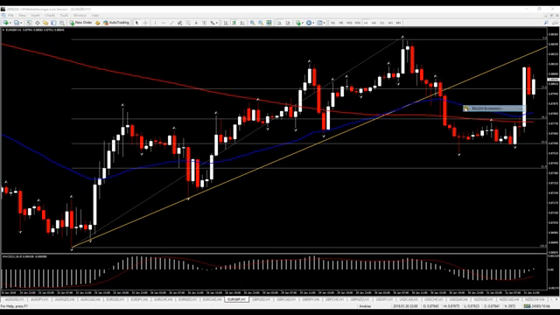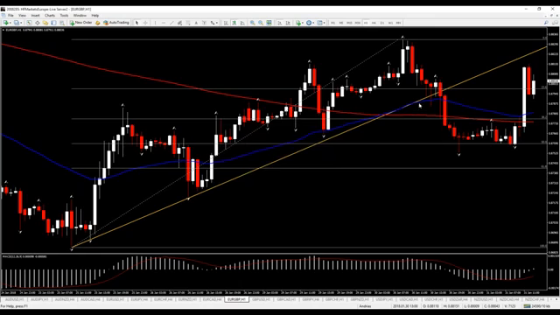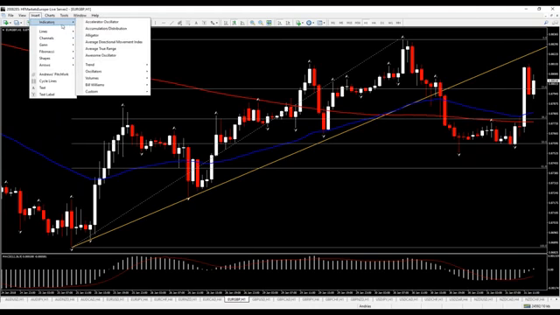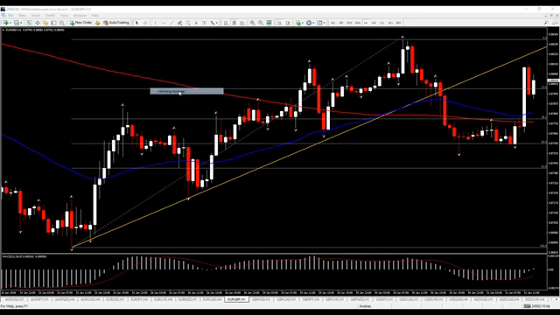I'm always using 50 and 200 moving averages in my chart. I don't know if you have used them before. You can just insert the moving average into your charts by going to insert, indicators, trend, moving averages.